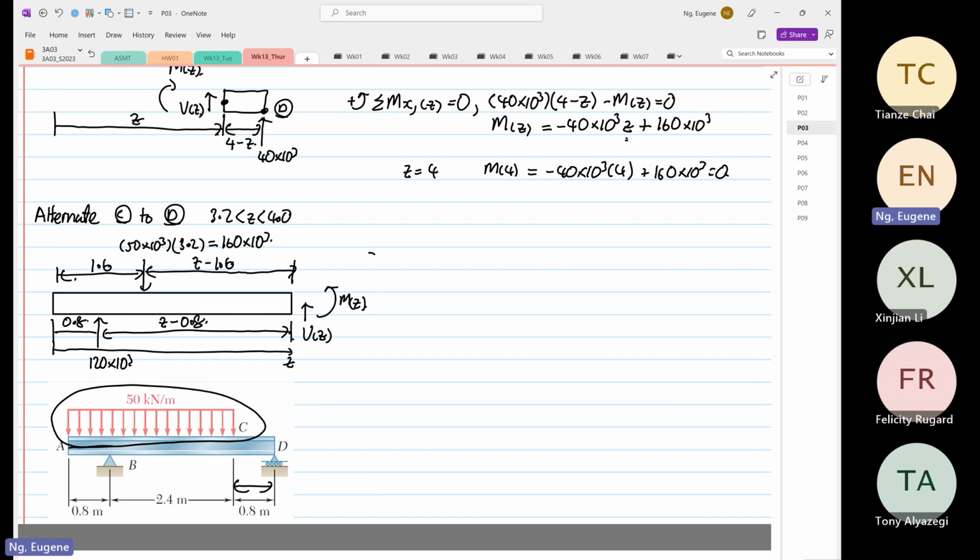Now, Y is easy, okay? So we do positive Y is equal to 0, right? So we can do 120 times 10 to the power 3 minus 160 times 10 to the power 3. Oh, sorry, V as a function of z should be coming down. Okay, positive shear, positive bending moment assumption. So minus V(z) is equal to 0.